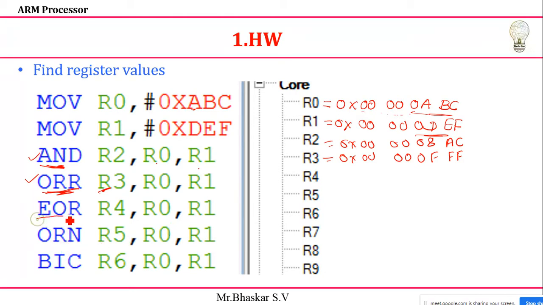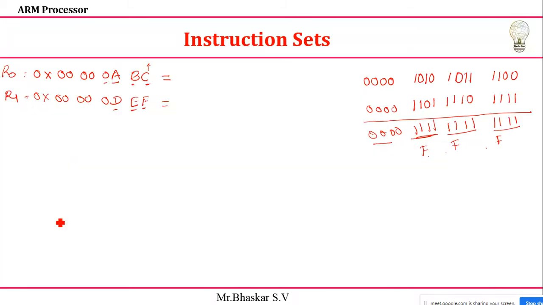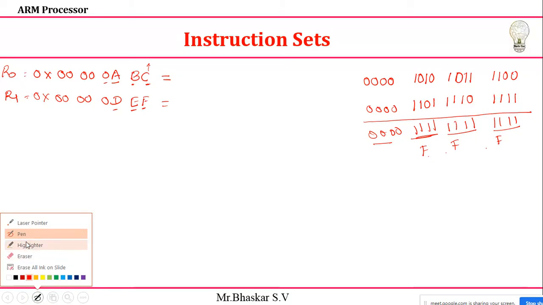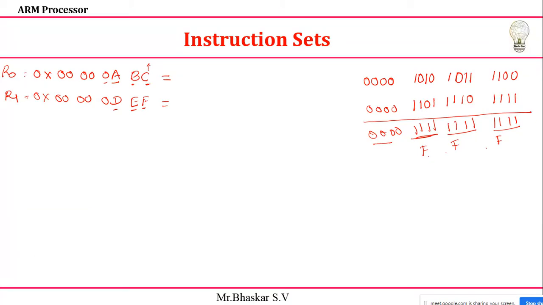Next, EOR, the XOR operation I need to do. Just tell me, what is the value you'll get? Just see, 0 XOR with 1, what is the value? I'll get 1. Next value, 1 XOR with 1, next it is 0.